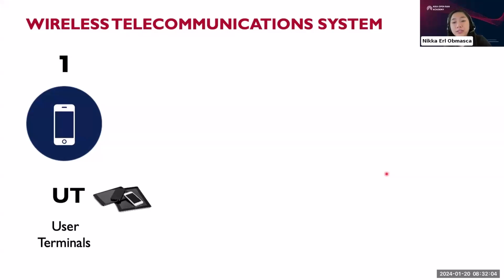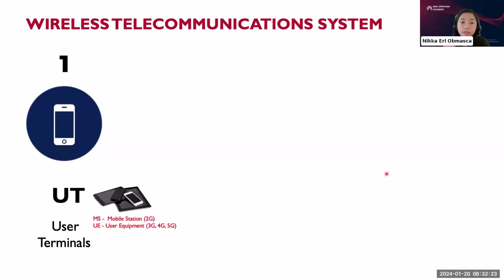So basically, the user terminals are the devices used by the end users. What I mean by the end users is us, you, to connect to the radio access network of a wireless telecommunication system. For example, these are your phones, your tablets.